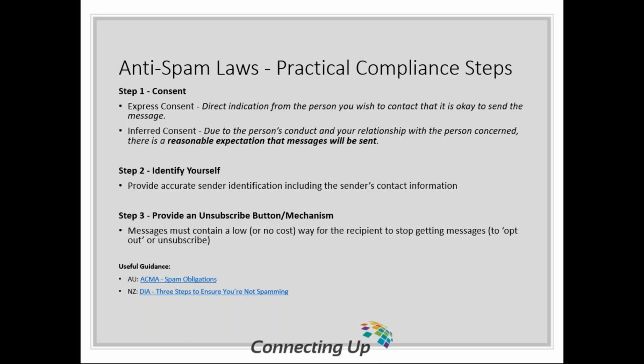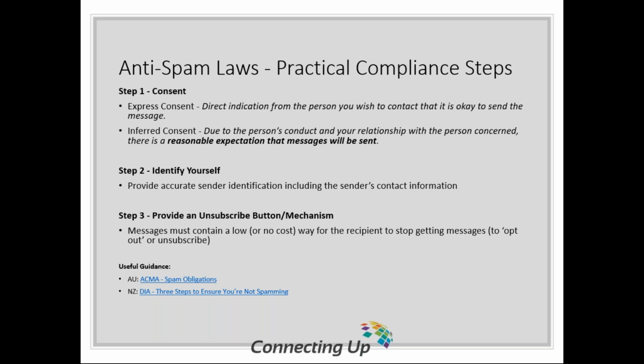So some of the things that you should do if you are covered by the anti-spam laws is to seek consent where you don't have inferred consent, so consent where it's somebody that you may not have a pre-existing relationship with. Make sure that you always identify yourself so that people understand who the email is coming from, and make sure that you provide an unsubscribe button.